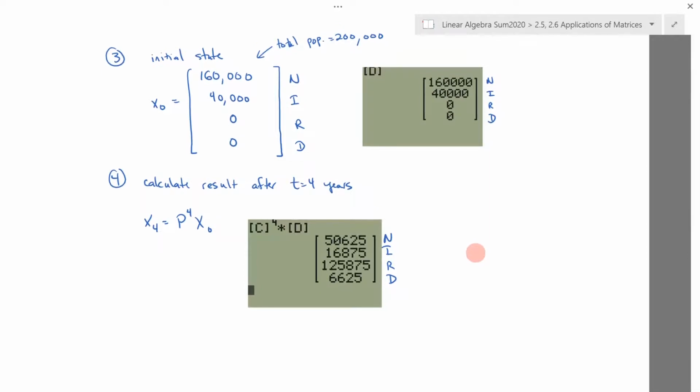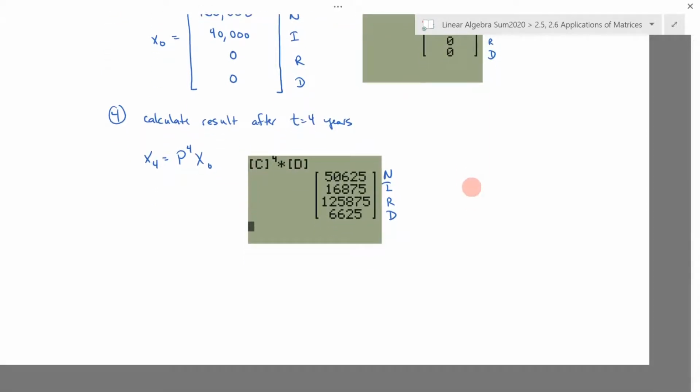Right, so what this is saying is after 4 years, 50,625 still have never been infected. So maybe they practice good social distancing and wearing masks and so on.